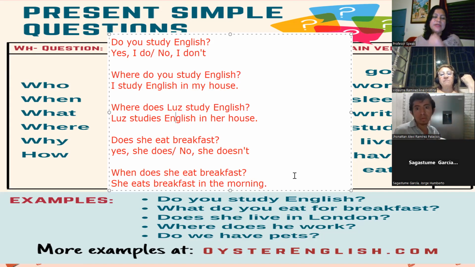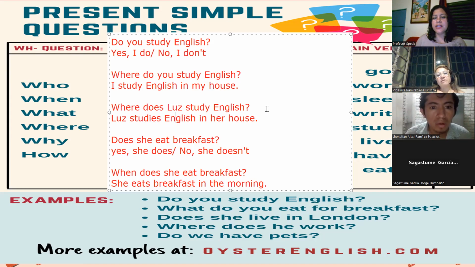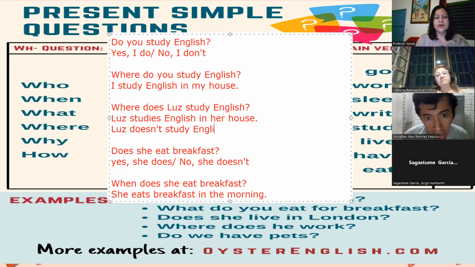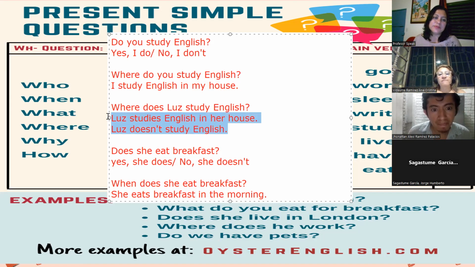Entonces aquí si pongo where does Luz study English y ella no estudia, ¿qué pondríamos acá? Luz doesn't study English, porque acuérdense que cuando usamos doesn't, no cambia. Very good question, Jonathan. Aquí sí podemos poner affirmative or negative in the answer. The question will be affirmative.